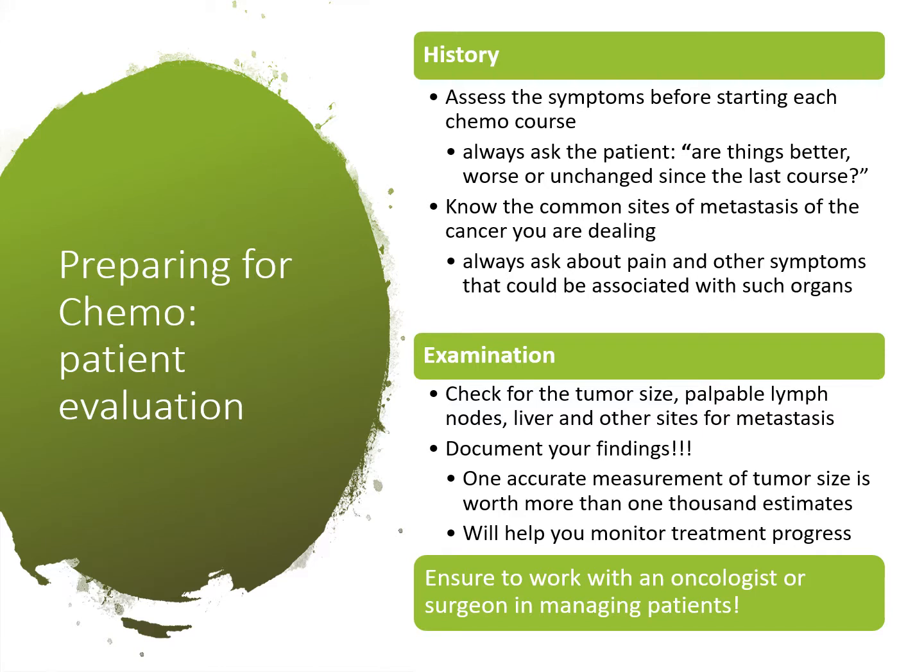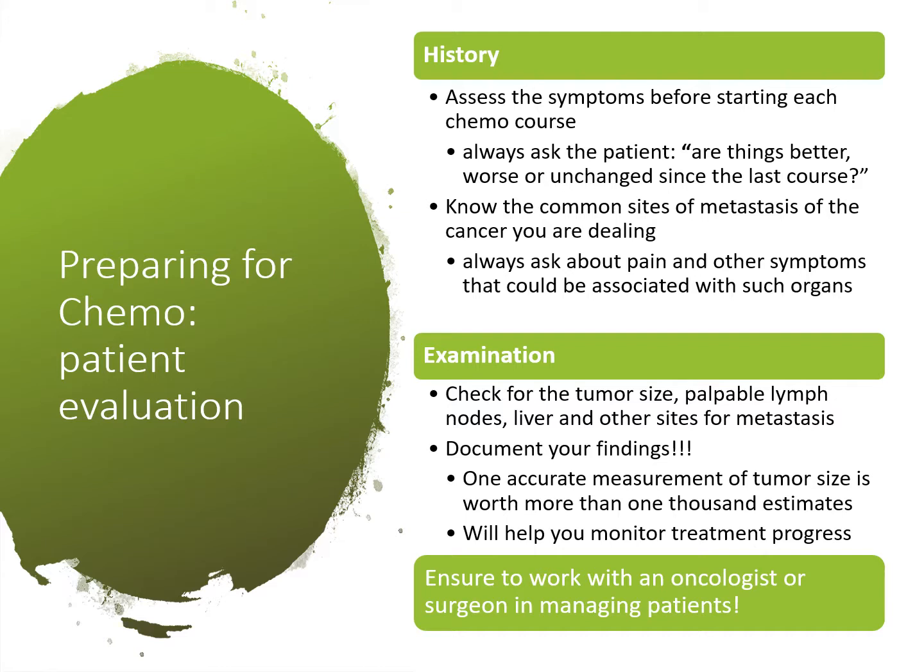And then you also need to ask questions regarding the common sites of metastasis for the cancer you're dealing with. So let's say we're looking at breast cancer, which most often metastasizes to the bones, let's say the spine, and then the brain, and the liver, and the chest.